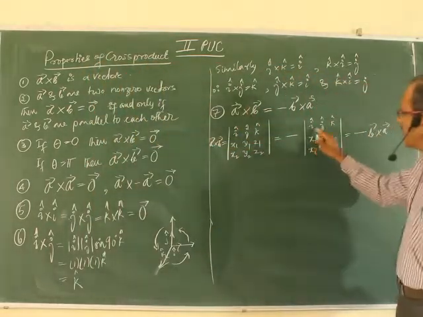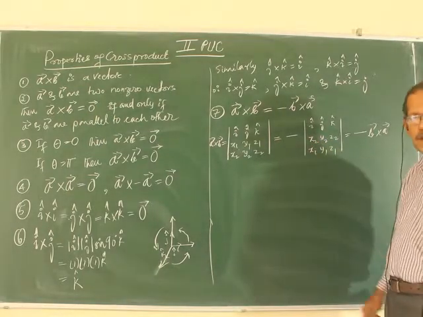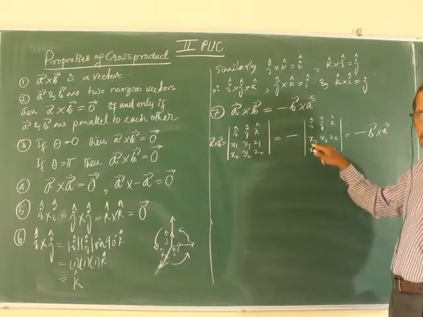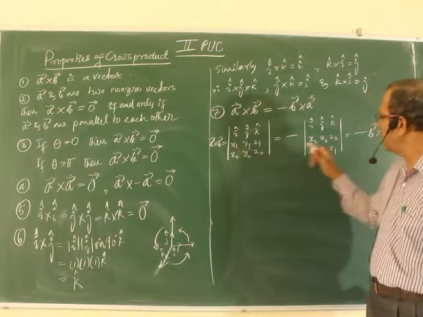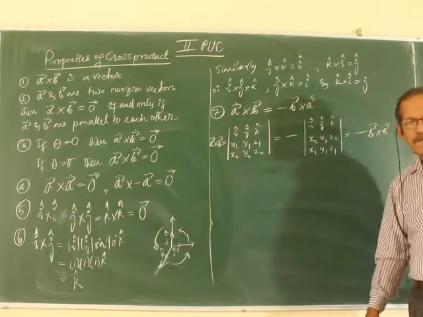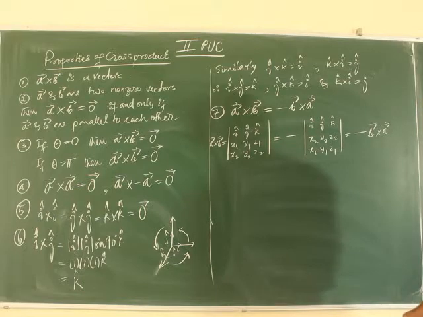Why? The first row is i, j, k, the second row is x2, y2, z2. So the first vector is B, not A now. Here it is A, this is B: B cross A, minus sign. Simple explanation for that.